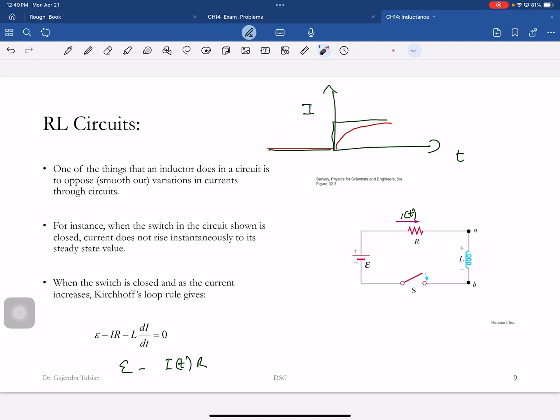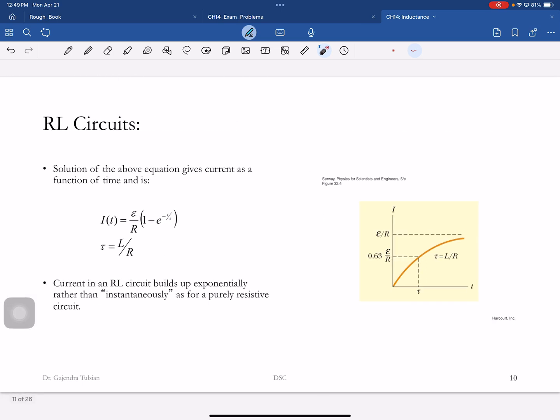Here's the differential equation modeling the behavior of this system. You will learn how to solve these equations, and here is the solution to that equation.